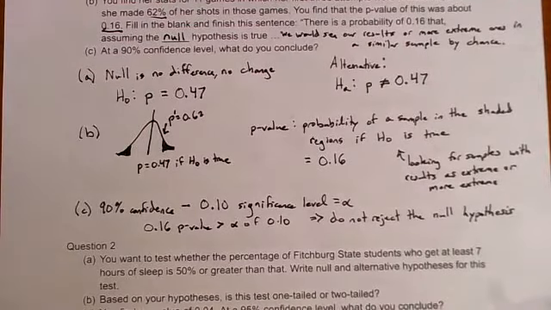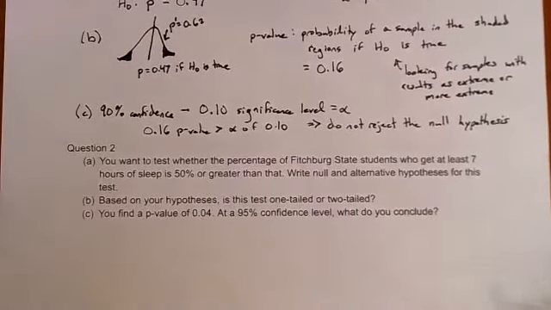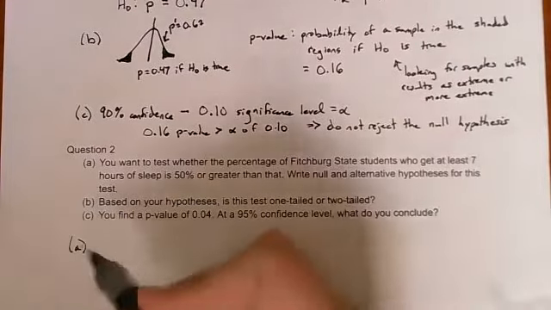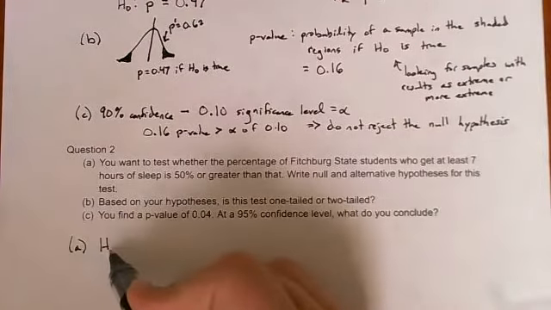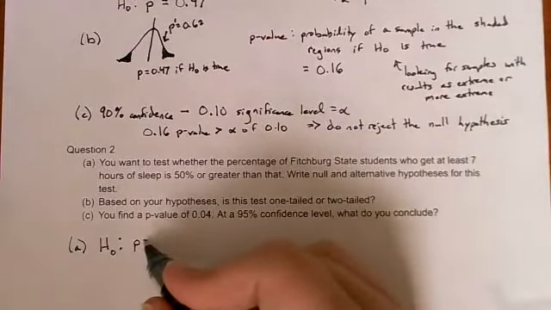Okay. Let's think about another question. So here we want to test whether the percentage of Fitchburg State students who get at least 7 hours of sleep is 50% or greater. Let's write our hypotheses for that. So our null hypothesis is that it is 50%.